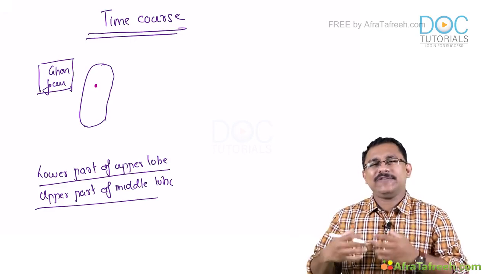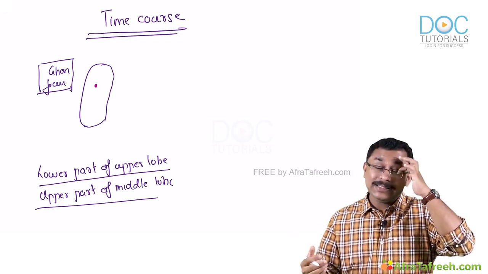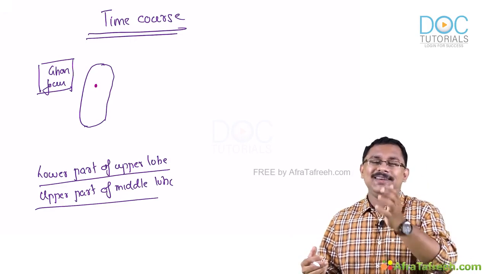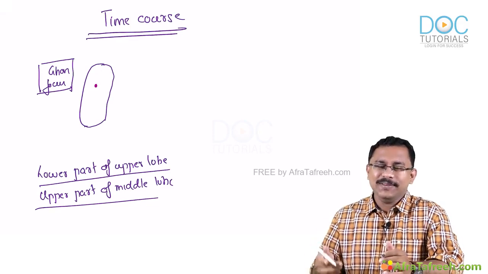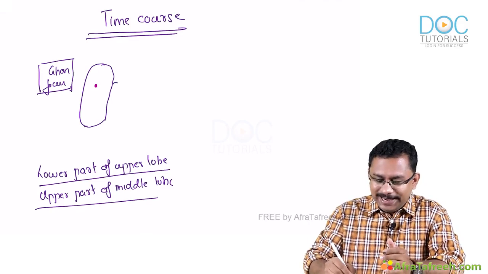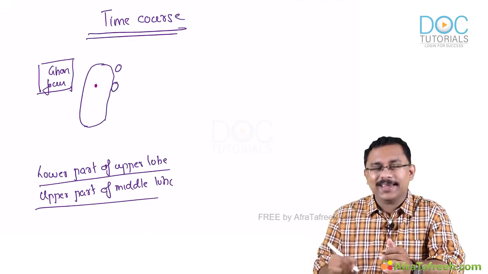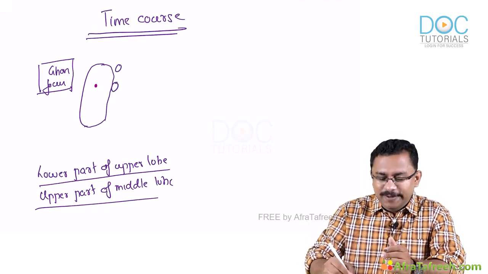There will be some sort of lymphangitis, and subsequently the drainage of that focus will be to the lymph nodes, in the hilar region as well as the paratracheal region. So those lymph nodes also would be enlarged.